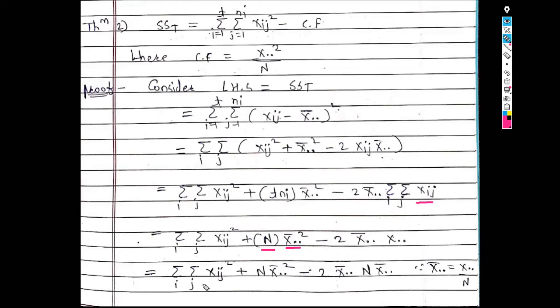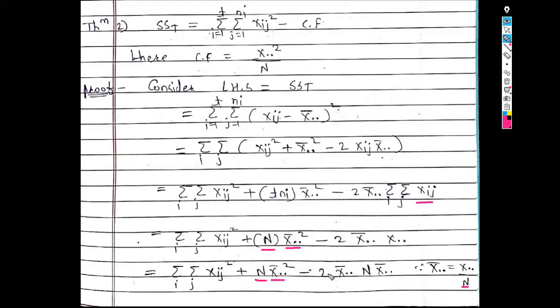So in the next step we get summation x_ij squared plus capital N into x dot dot bar squared minus 2 times x dot dot bar into, now this grand total can be written as capital N into grand mean, since we know that grand mean is defined as grand total upon capital N. We get 2 into x dot dot bar into N into x dot dot bar.